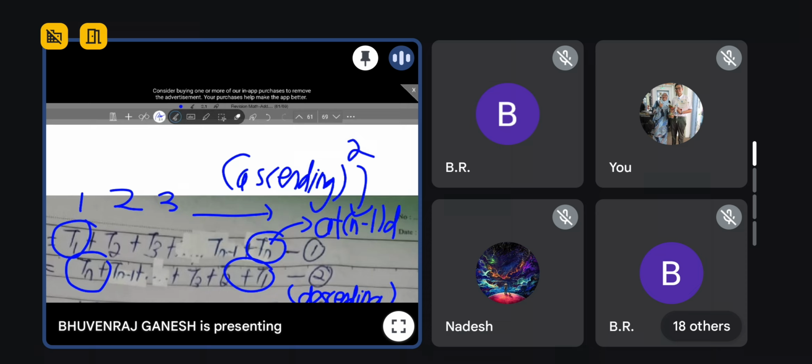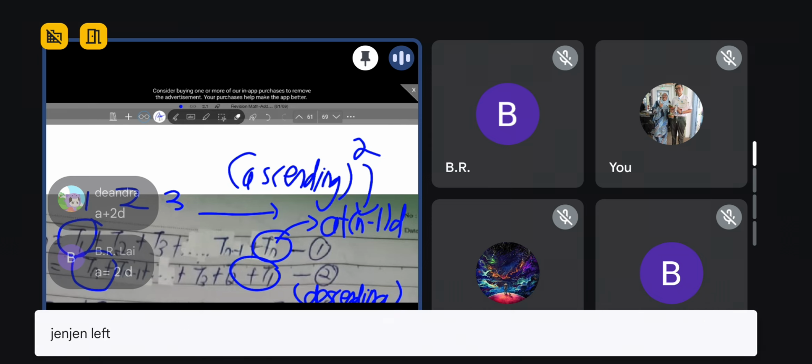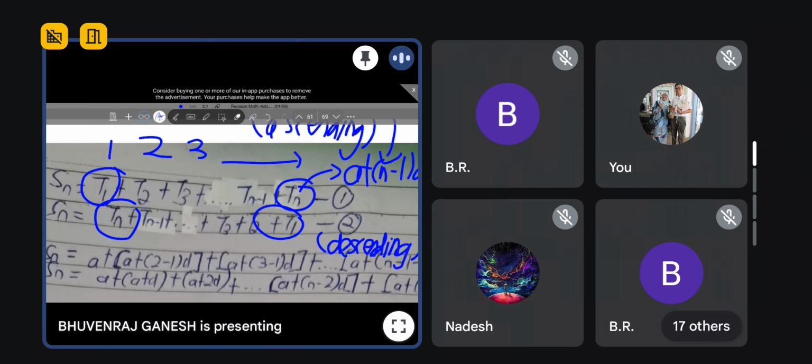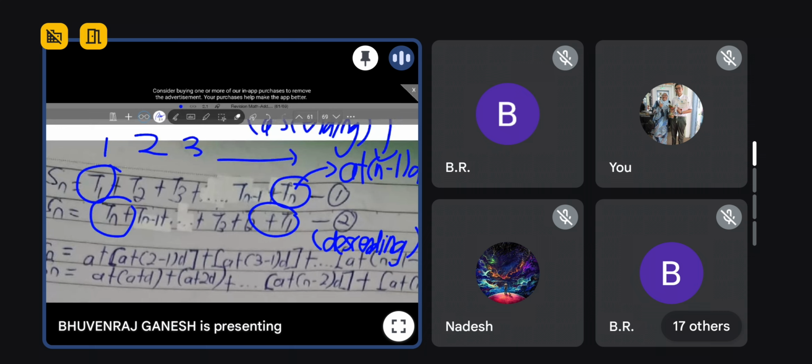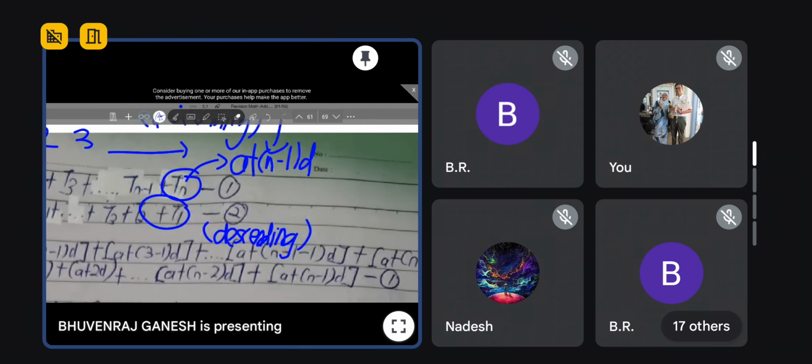Okay. How about T3, guys? Can you tell me? What do you get for T3? Very good. So you understand already. Okay, so the progression is basically something like this. Can you see, guys? You start with A plus D, A plus 2D, and then you have the general formula here.